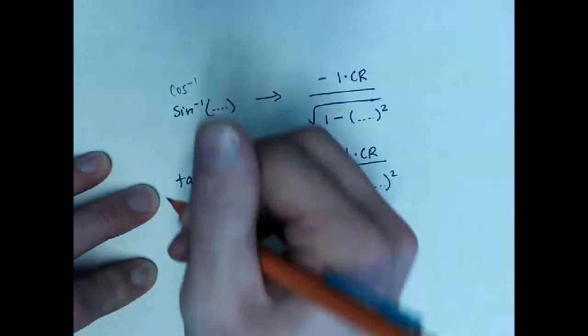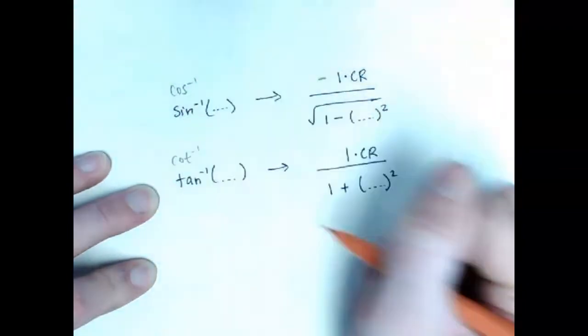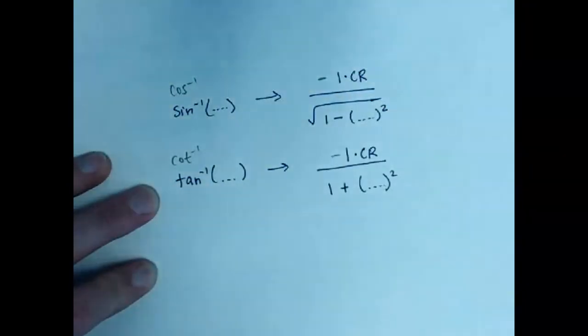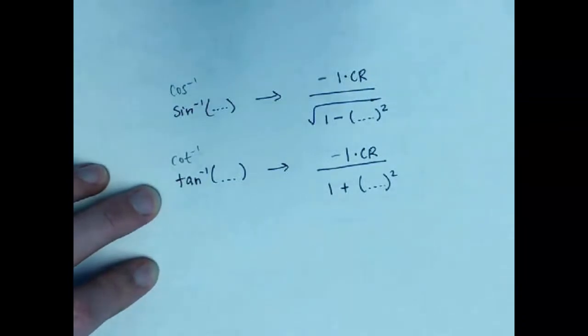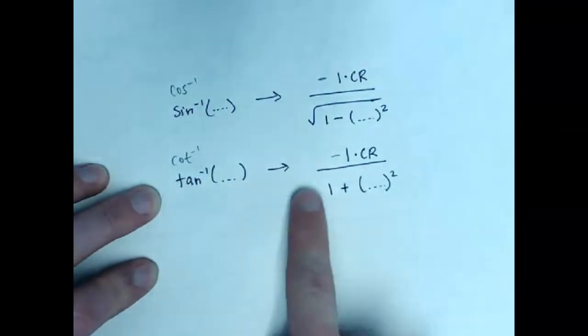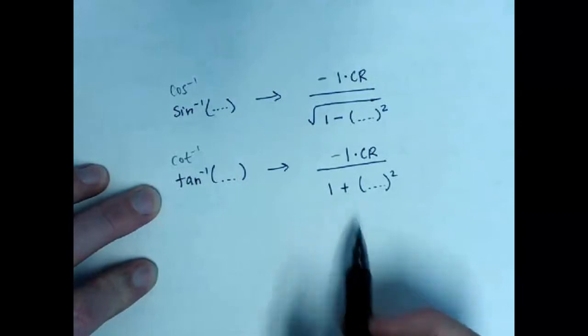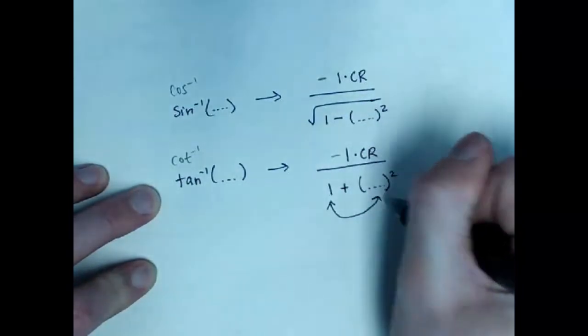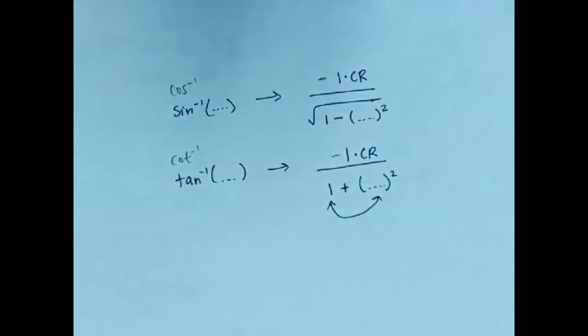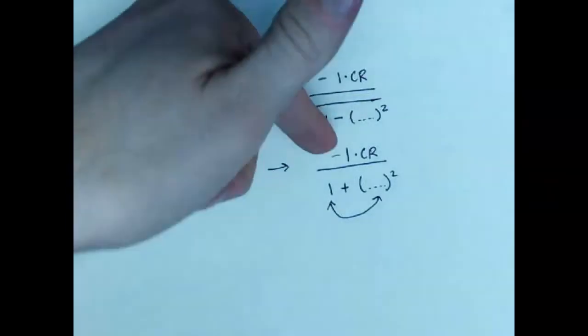And if it would have been a cotan inverse instead, again, all you would need is the negative. Tangent inverse is nice because there's no square root, right? No radical, and it's addition. So if you wanted to, you could flip the order in that denominator, right? It doesn't make any difference. But usually I write 1 plus stuff squared, but you could just as easily do stuff squared plus 1. Doesn't matter. And then the cotangent is the negative version of it.